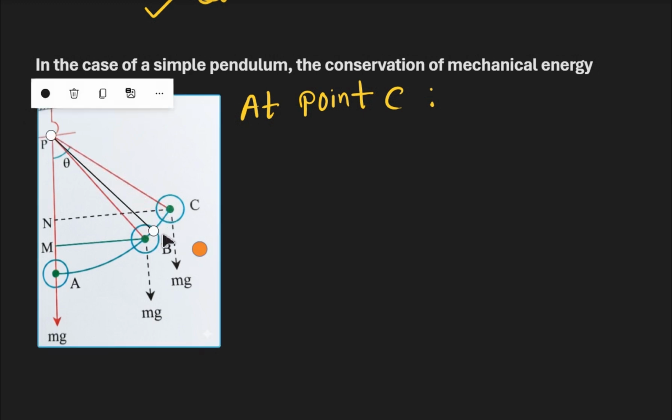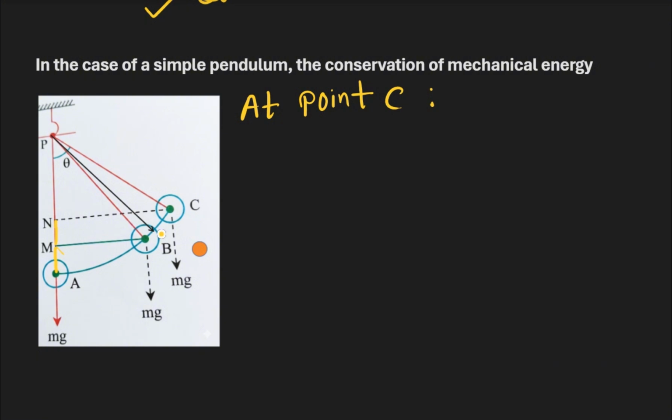Hope you understand this. So the A to B height is AM, and the B to C height is MN or NM, and the length of the cord or string, PC, PB, and PA, these are equal, right?